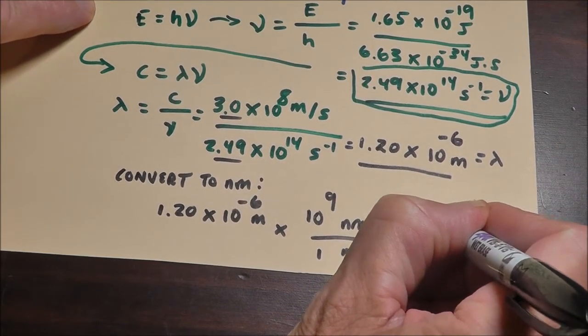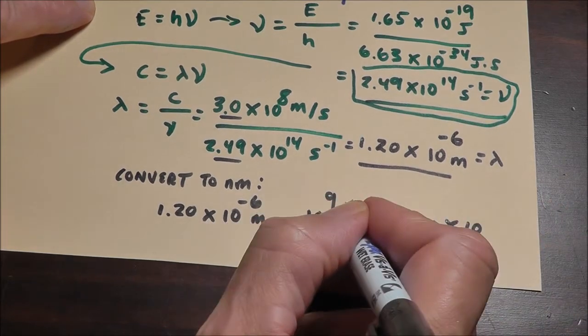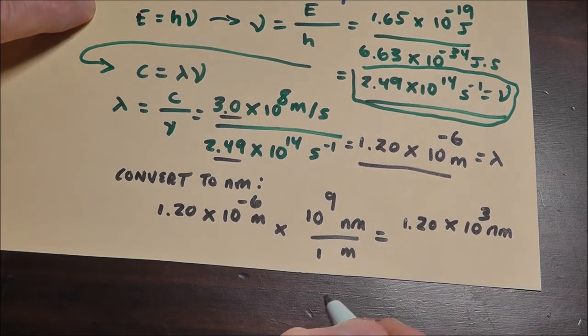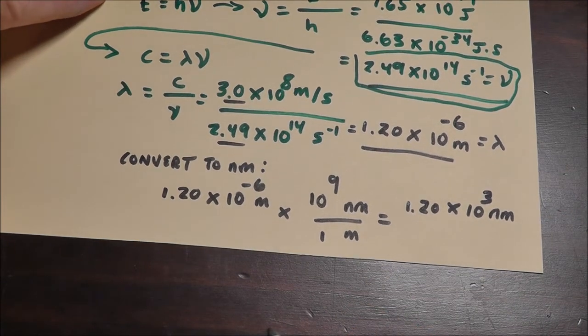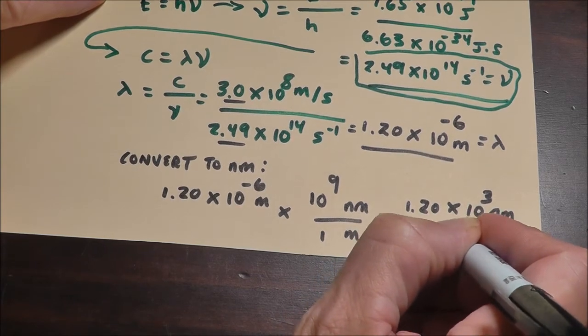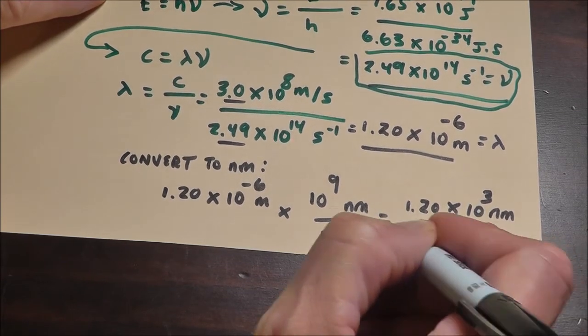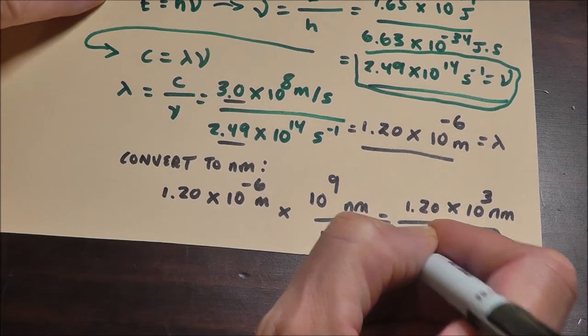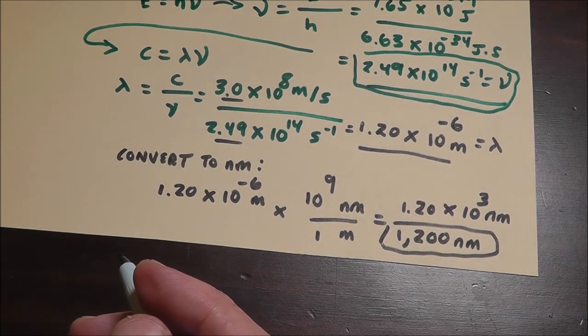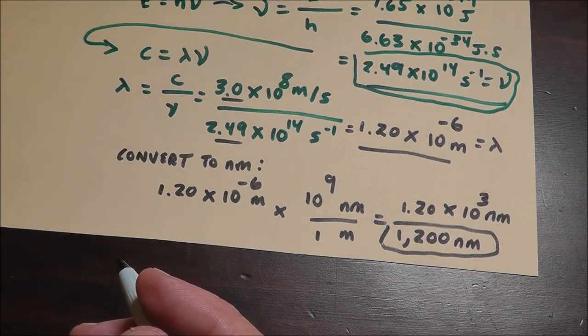1.20 times 10 to the negative 6 plus 9 is 3. What's 10 to the 3? That's 1,000. What's 1.20 times 1,000? 1,200. Now, where is that on the scale of the electromagnetic radiation scale?